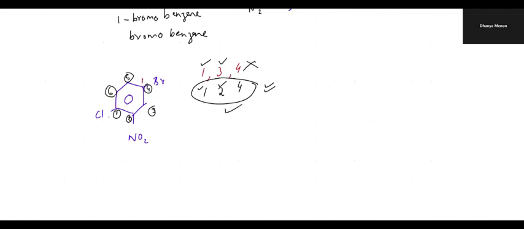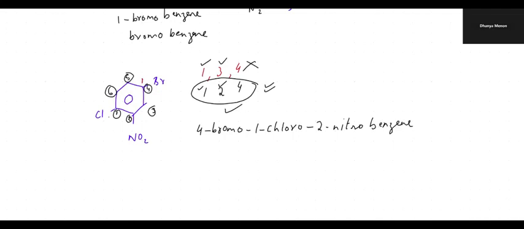So the alphabetical rule must be our last option. While naming, we will go with the alphabetical order: 4-bromo-1-chloro-2-nitrobenzene.